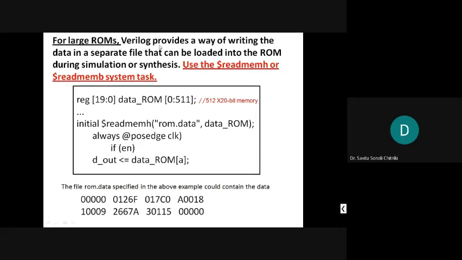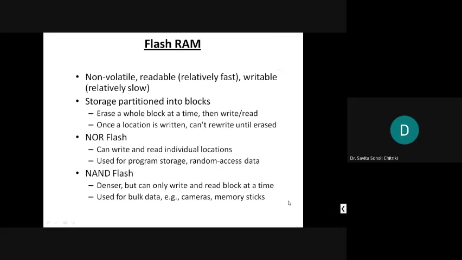For large ROMs, Verilog provides a way of writing the data in a separate file that can be loaded into the ROM during the simulation or synthesis. So use $readmemh or read memory in hexadecimal, or read memory in binary system task. These are the two tasks, very important.